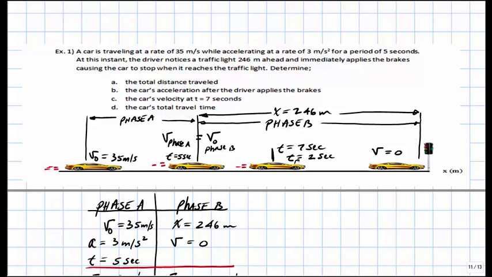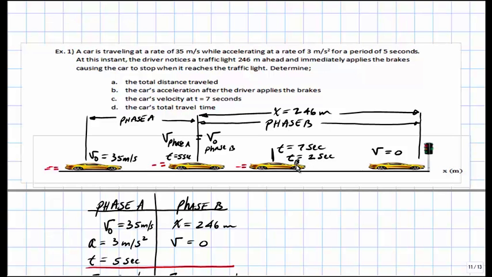Okay? The time that we're spending in phase B is actually 2 seconds between this starting point and this final point. Now that's not the total time, but when we're asked to find the velocity of the car at t equals 7, we have to use t equals 2 within our equations and within phase B.